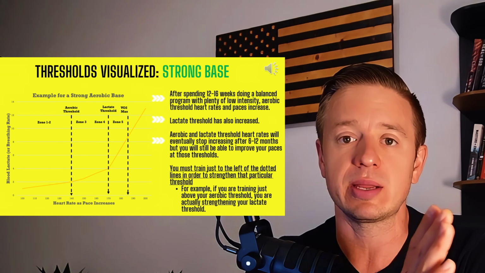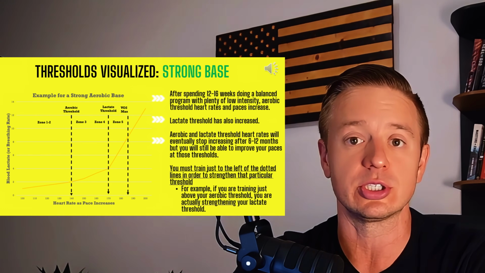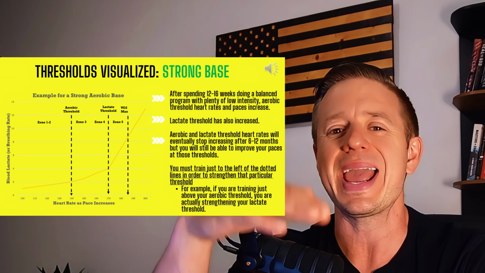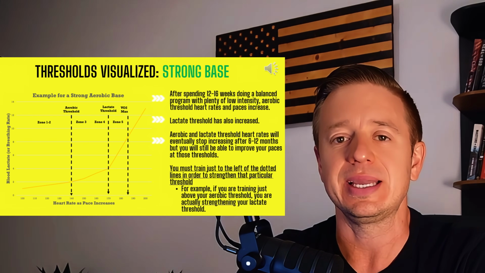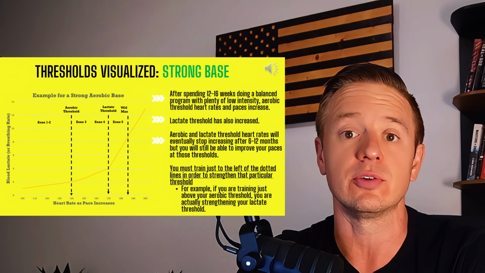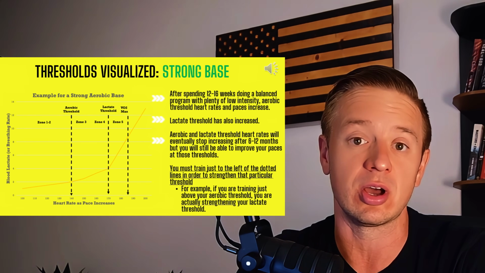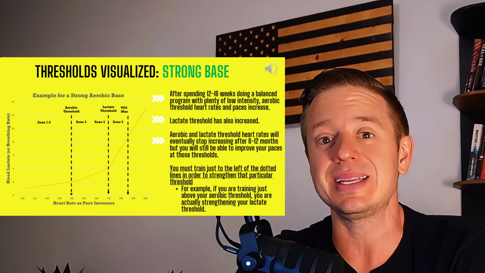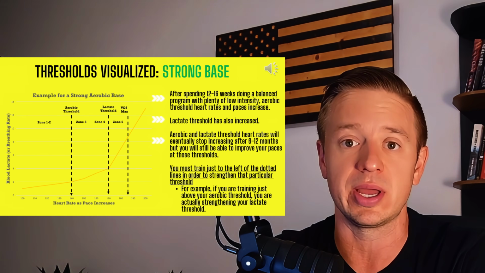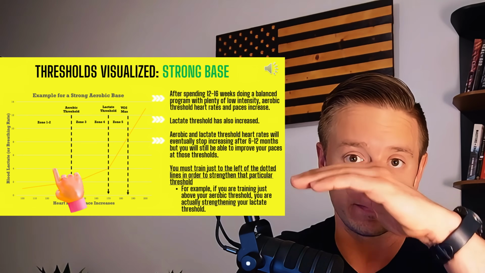But as you train below that aerobic threshold, it's just going to increase it, and it's going to get stronger in both pace and heart rate for a while until you reach a certain point where the heart rate kind of plateaus. For most people, this is somewhere between 140, even in the 150 beats per minute I've seen with some athletes, but that's your aerobic threshold that you have to train below it.